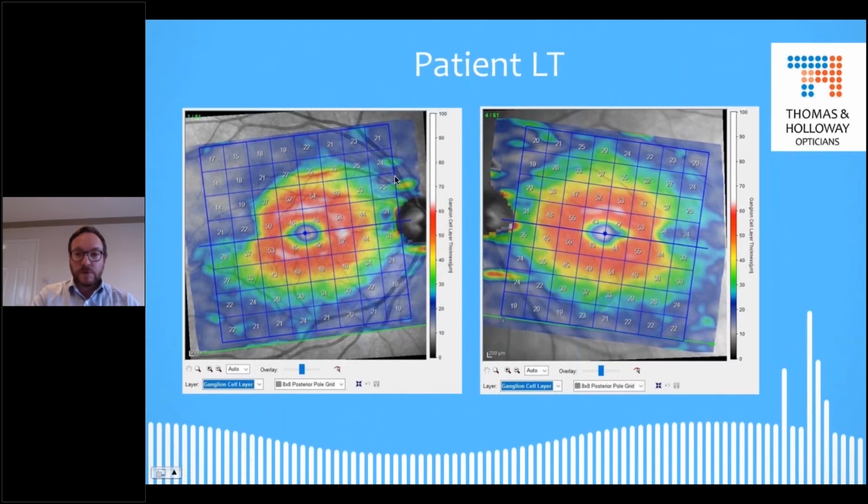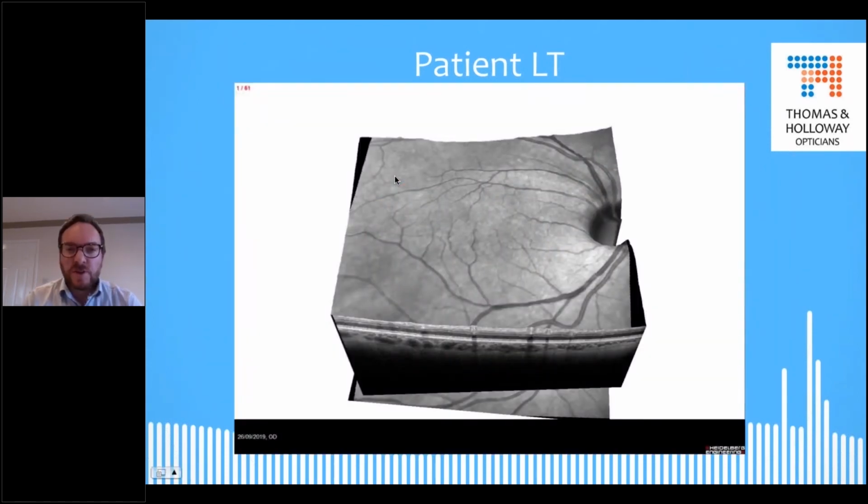Now, when we look at the 3D images, these are diagnostic, but patients love looking through these because they can contextualize what they're looking at. Again, what we can see is that where we've got that wedge of reduced RNFL thickness, you can see the reflectivity change on the surface.